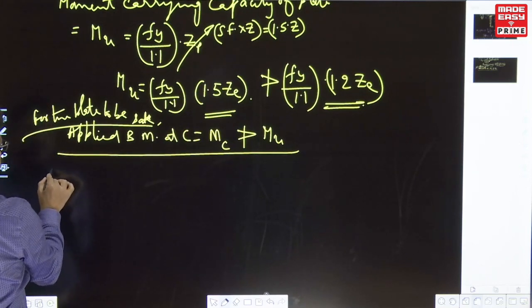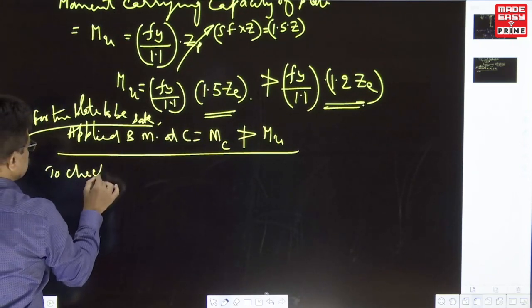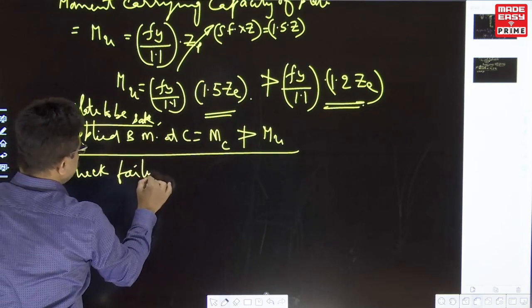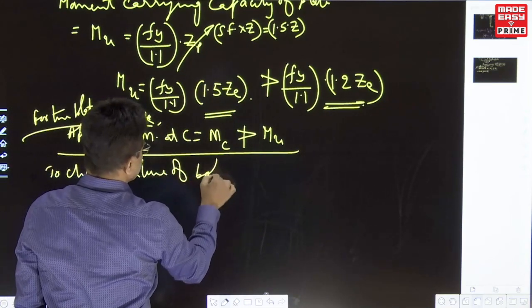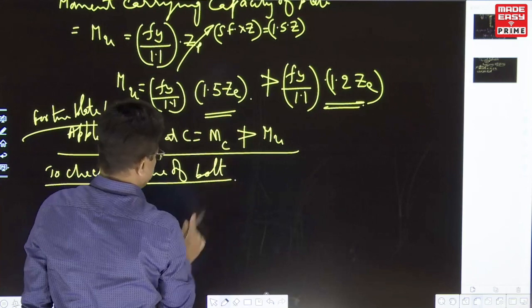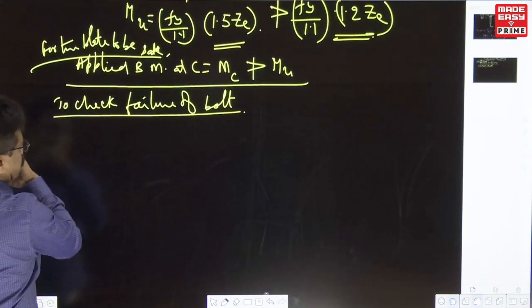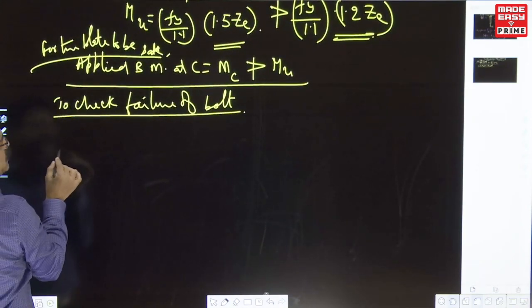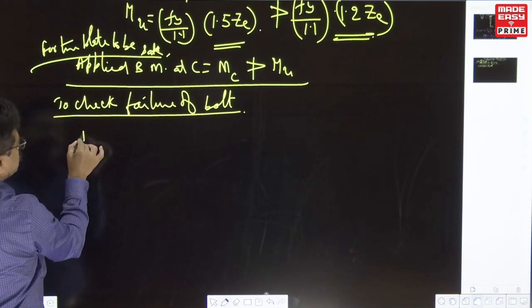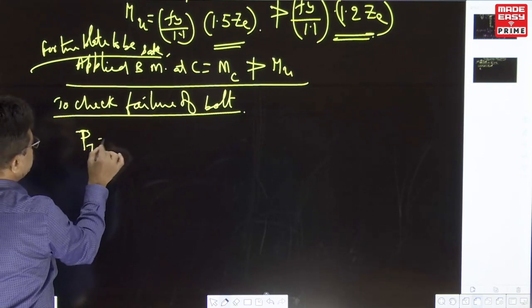Next, to check failure of the bolt, in addition to the prying action of the force, Pt, let us call it, Pt is equal to the tension in the bolt.